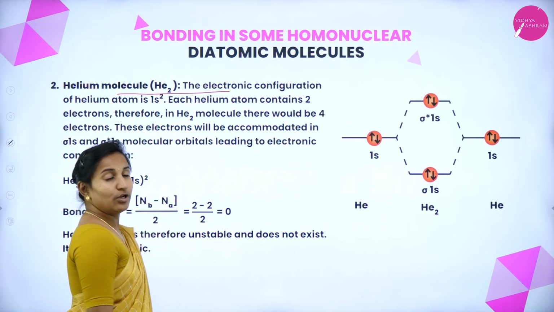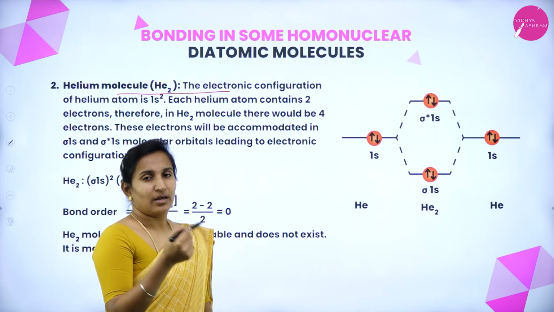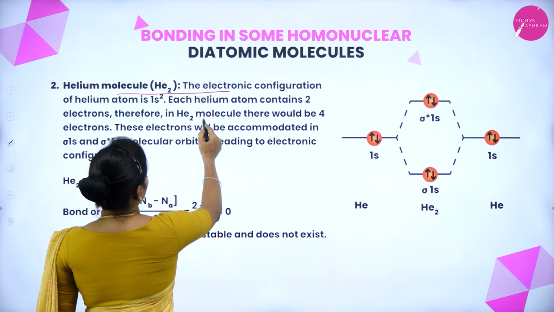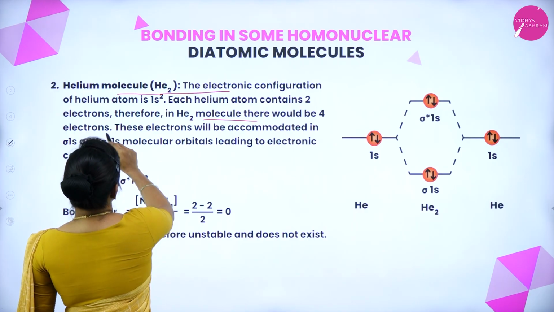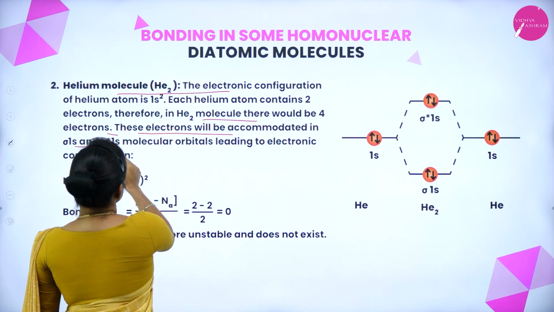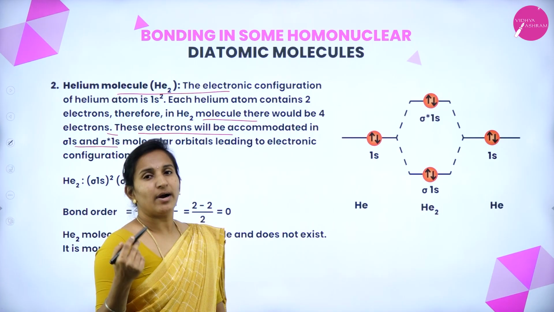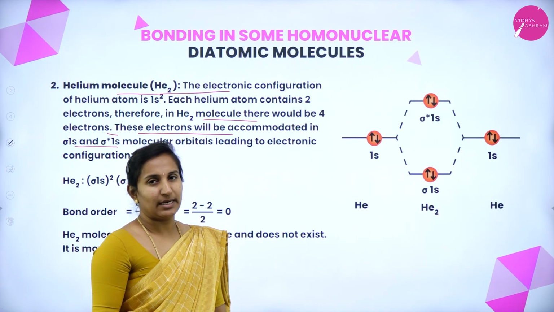Helium. The electronic configuration of helium is 1s2. Each helium atom donates a pair of electrons, so in the helium molecule there would be 4 electrons. These electrons will be accommodated in the sigma 1s bonding molecular orbital and the sigma star 1s anti-bonding molecular orbital.